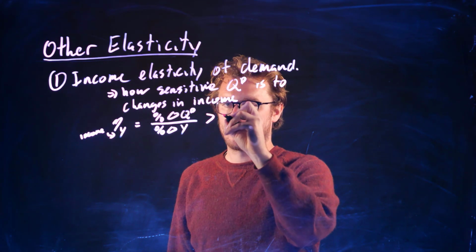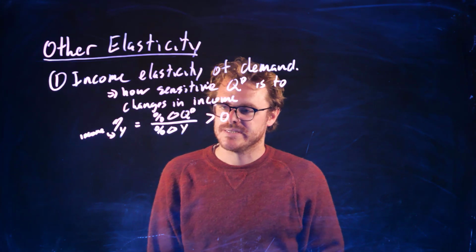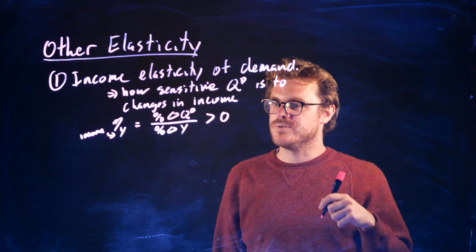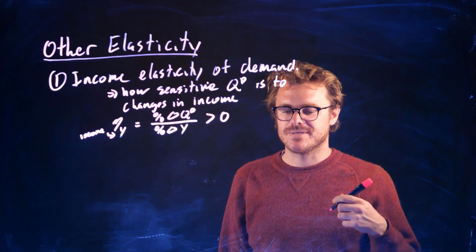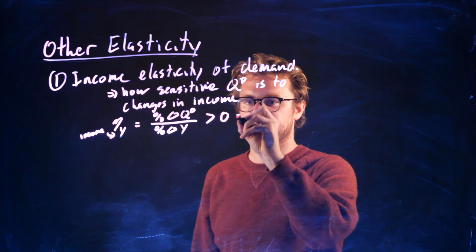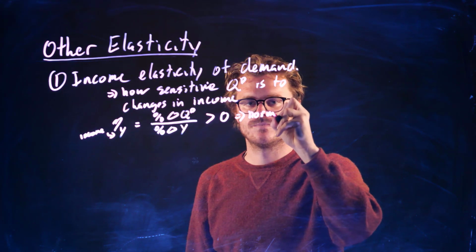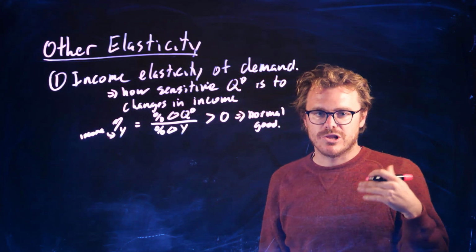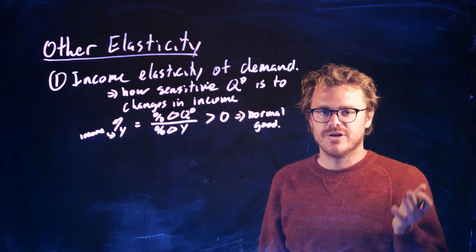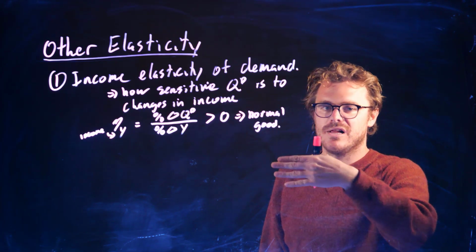So if this is greater than 0, it means as your income goes up, then the quantity demanded of that good goes up. So this is going to be a normal good. We started learning about these different kinds of goods in supply and demand, and now we're formalizing the definition.